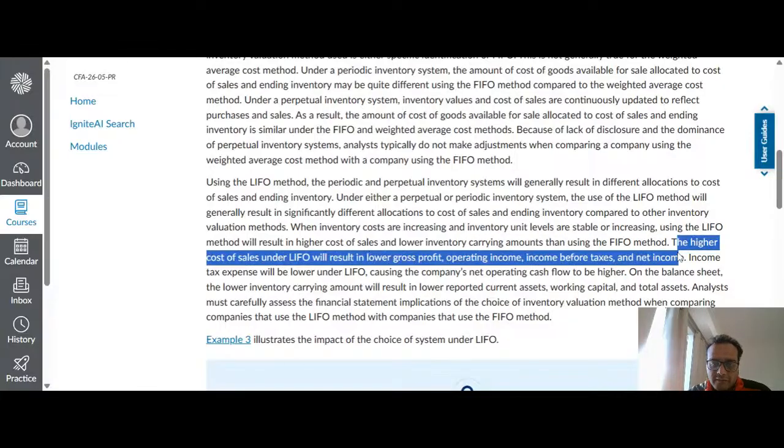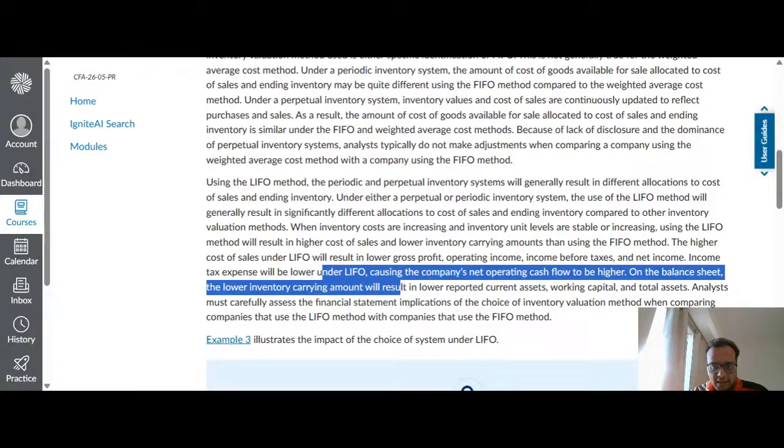The higher cost of sales under LIFO will result in lower gross profit, lower operating income, less income before taxes, and less net income. Income tax expense will be lower under LIFO, causing the company's cash flow to be higher.